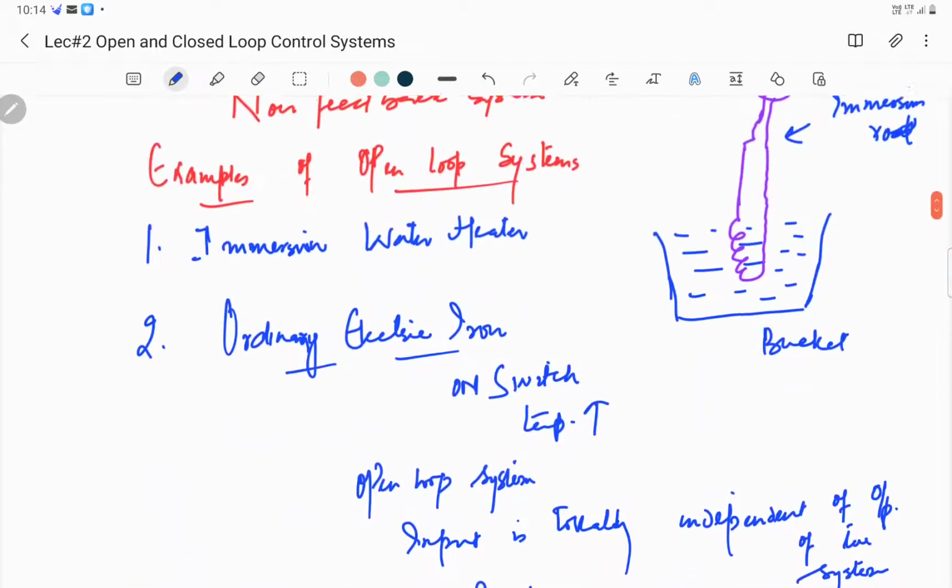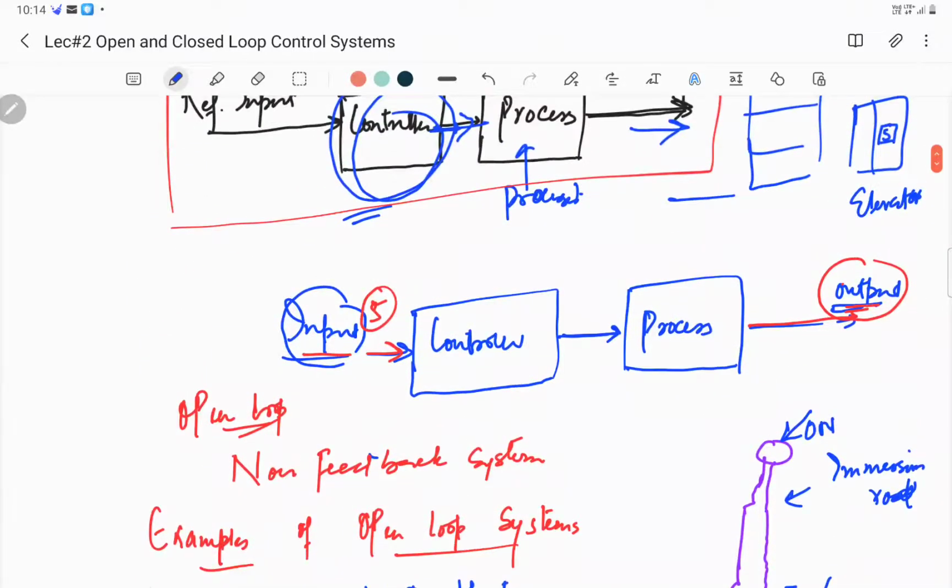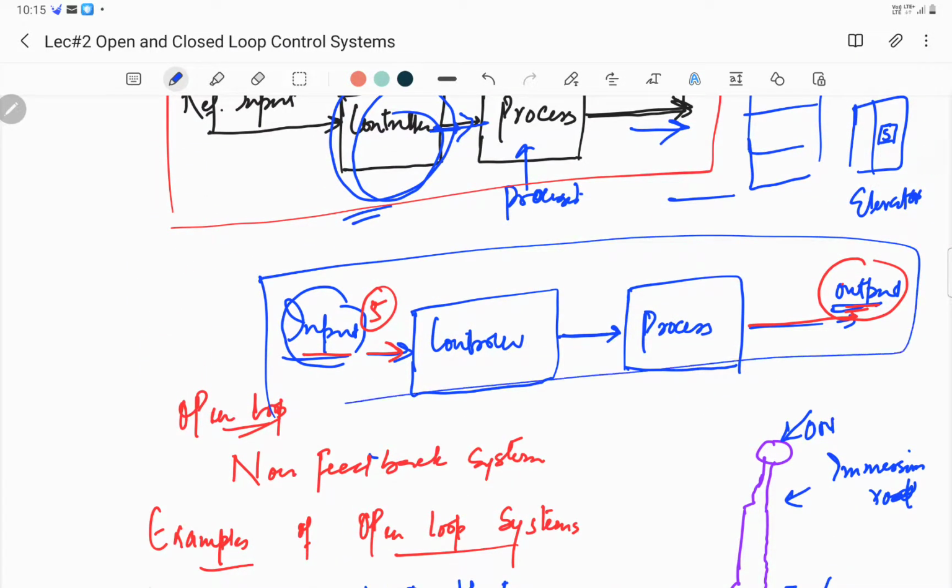If we look again at this block diagram, we can say that in an open loop control system, a reference input is given to the system in order to get the desired output.